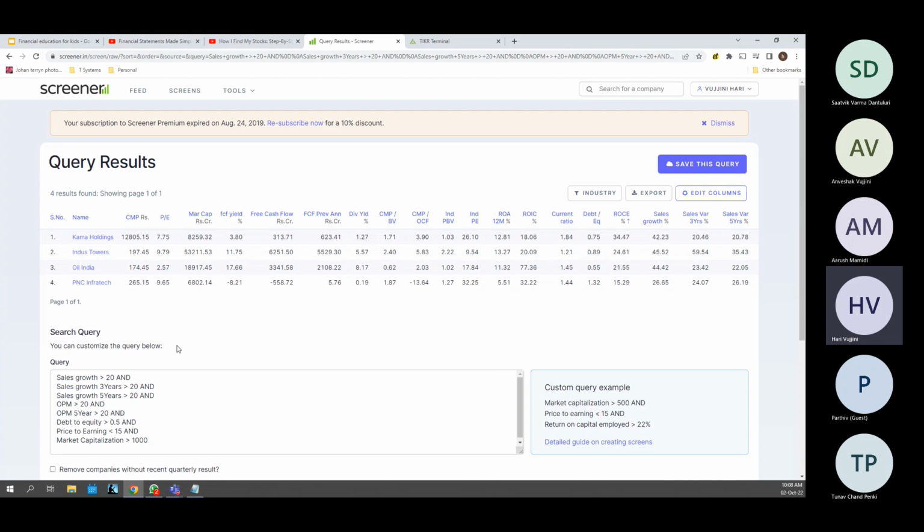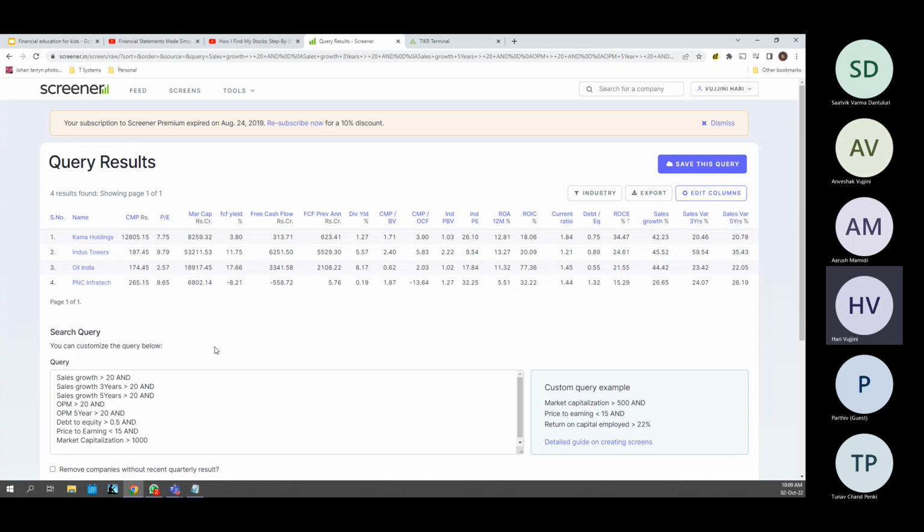Does this make sense, what we are trying to do here? Any questions? Anything you want to ask? So basically, we are using the financial numbers to filter out all the companies which are available to invest in, the investing universe, and nailing them down to satisfy our criteria.